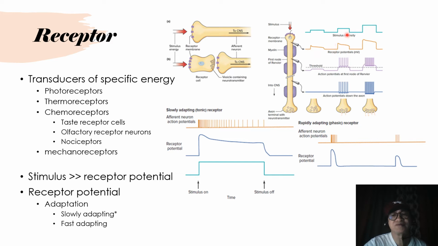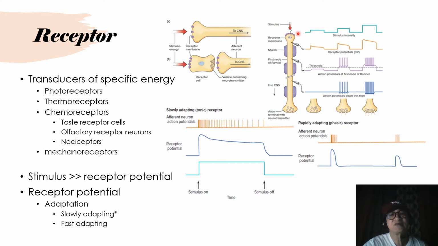If the stimulus is increased, it also increases the frequency of action potentials that are triggered in the afferent neuron. The more frequent the action potentials are, the more transmitters are released from the axon terminal of the afferent neuron.